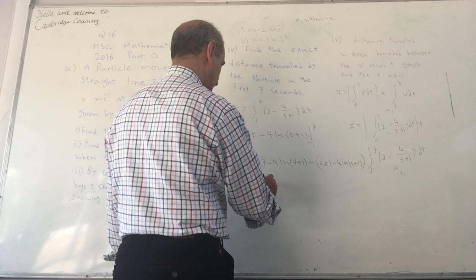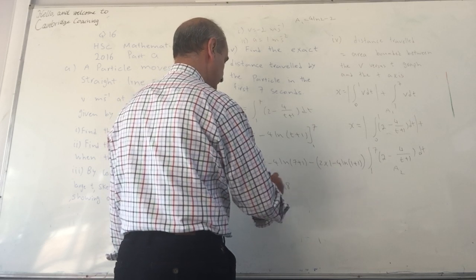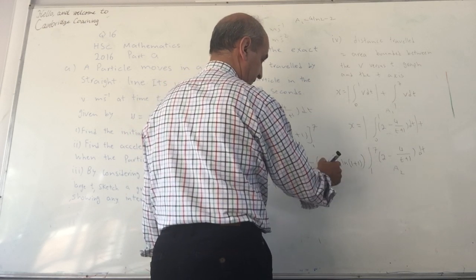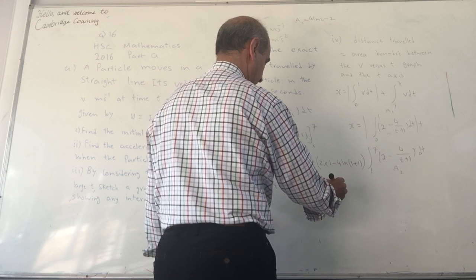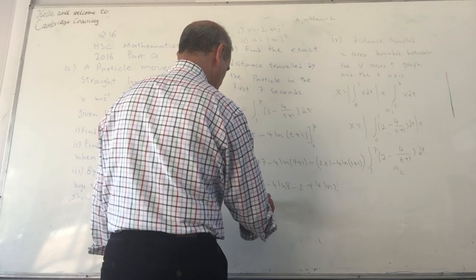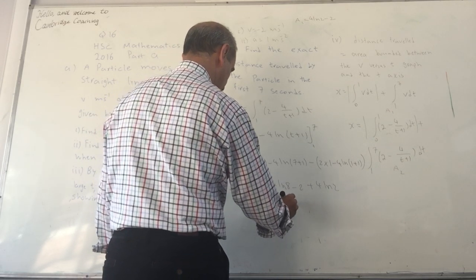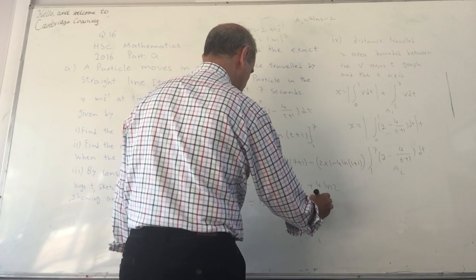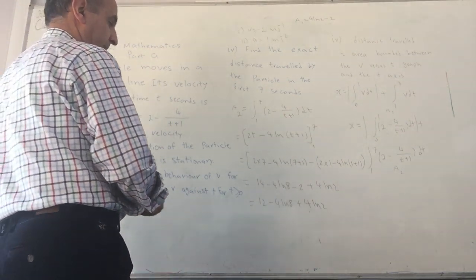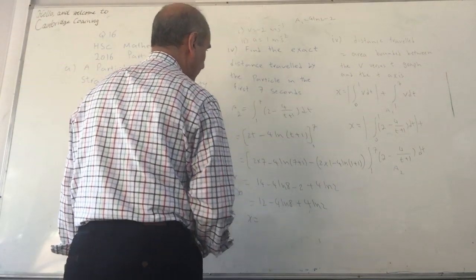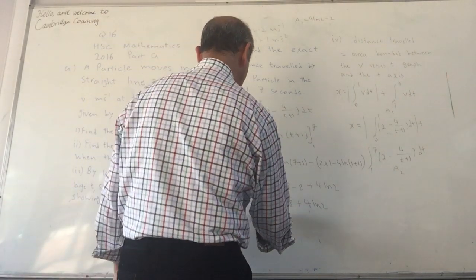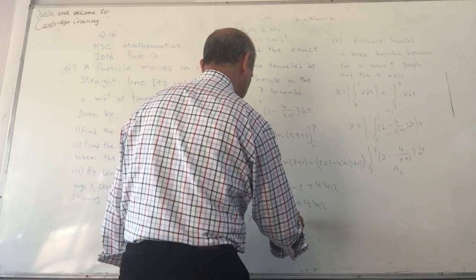That gives me 14 minus 4 ln 8, minus 2, minus minus becomes plus 4 ln 2. Which simplifies: 14 minus 2 is 12, minus 4 ln 8, plus 4 ln 2. That is my area 2. Now to find the total distance, I need to add them up. Area 1 was 4 ln 2 minus 2.